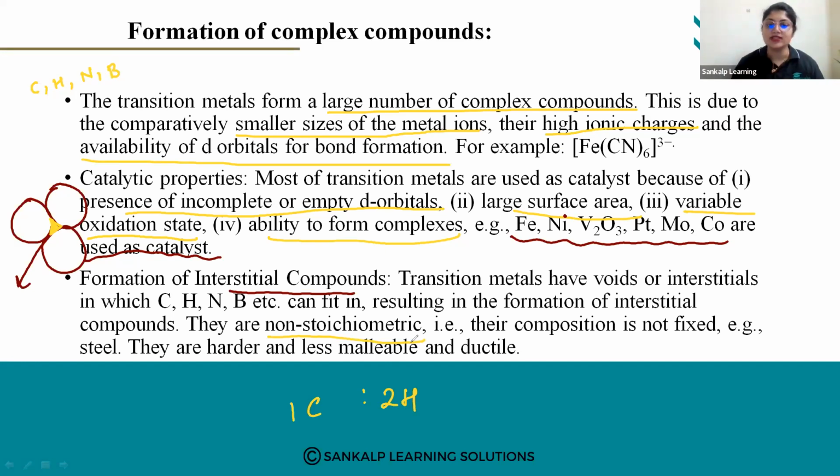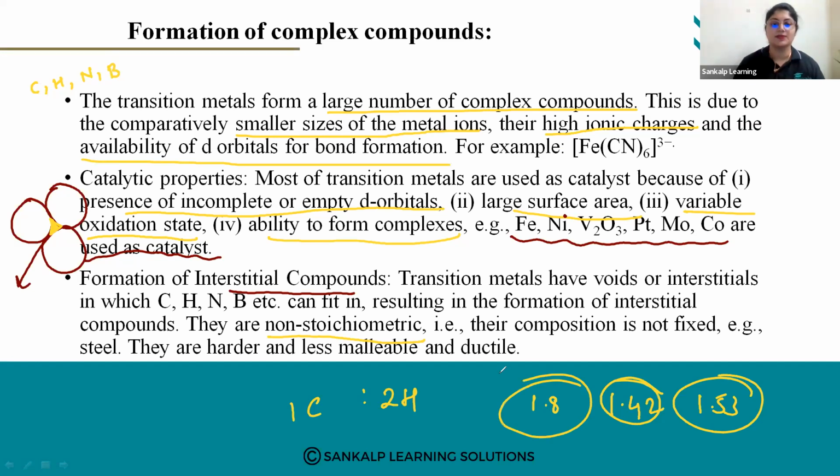But non-stoichiometric means it can be 1.8, or 1.4 to 1.53. The number is not fixed here. Whenever interstitial compounds form, they are non-stoichiometric, and the composition is not fixed.